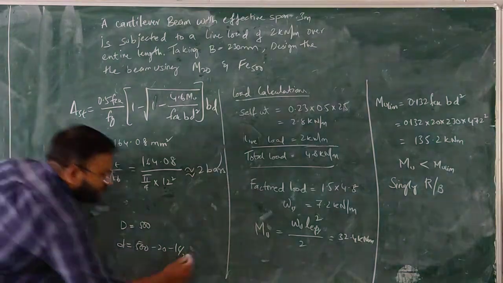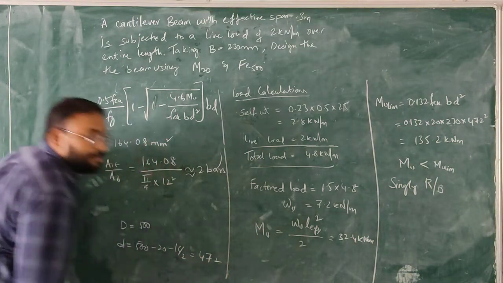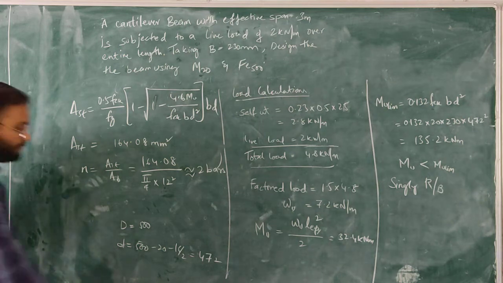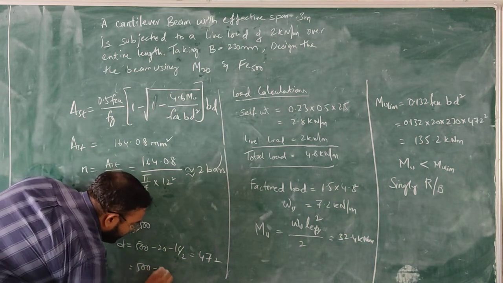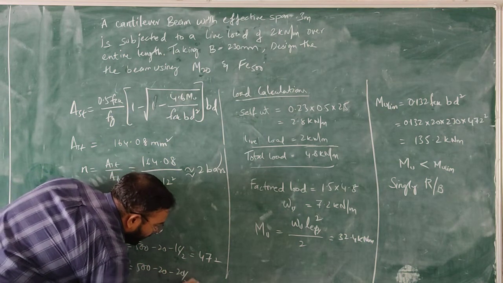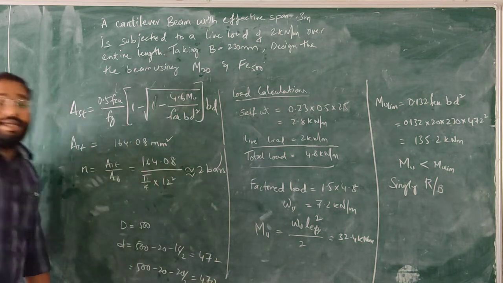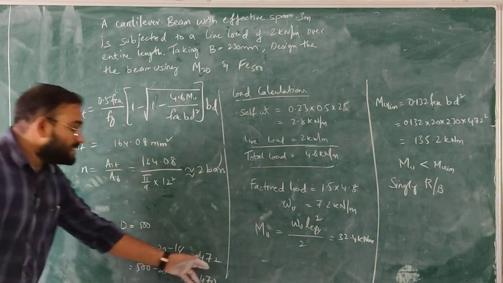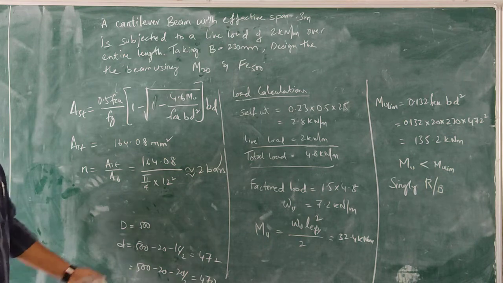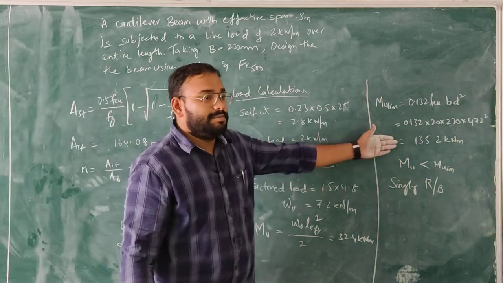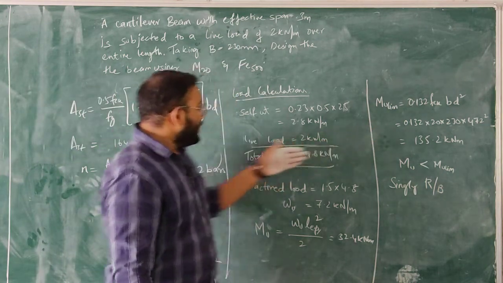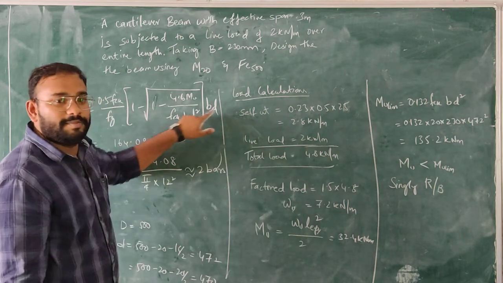Suppose this is giving you 472 mm. If I take 20 here, 20 minus 20 by 2, this will give me 470. Depth is reducing by 2 mm. So what will change? Mu will change. Ast calculation will change.